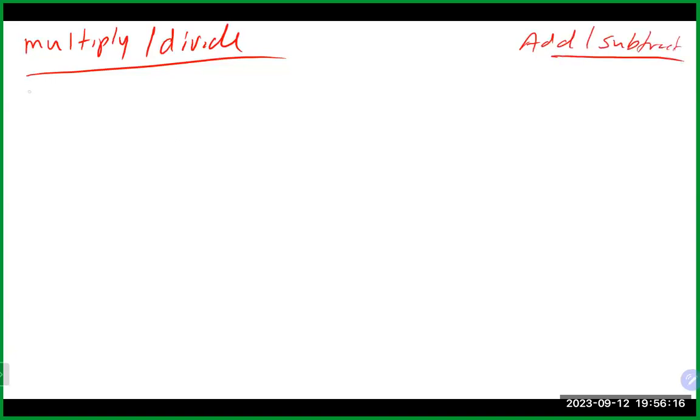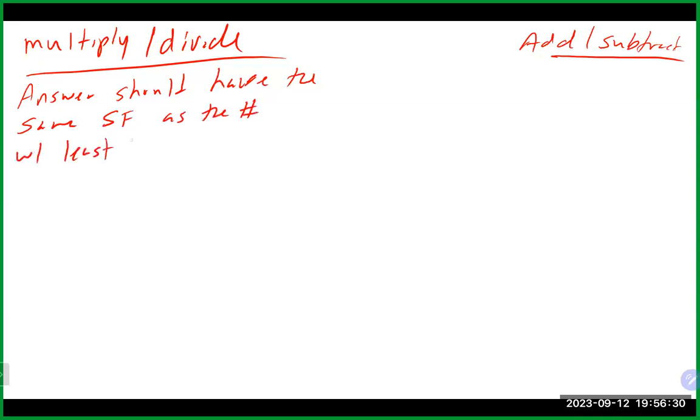When we multiply or divide, our answer should have the same significant figures as the number with the least number of sig figs. So if we took 425 times 1.2, that is 3 significant figures. That is 2 significant figures, which means my answer should end up with 2 significant figures when it's all said and done.